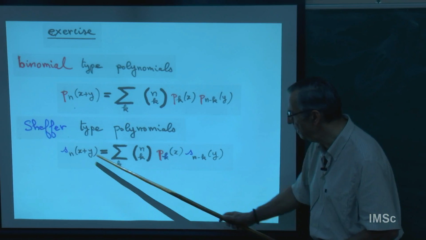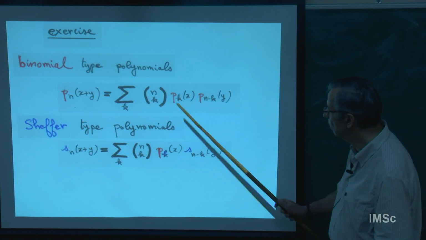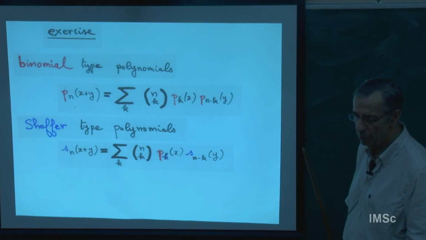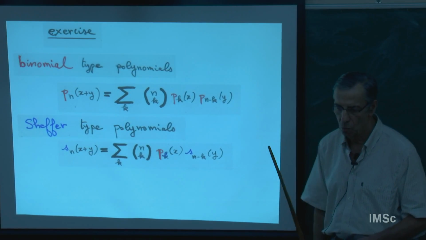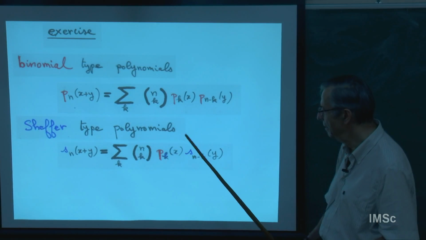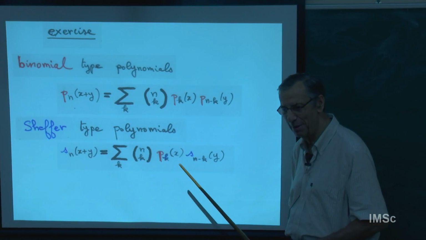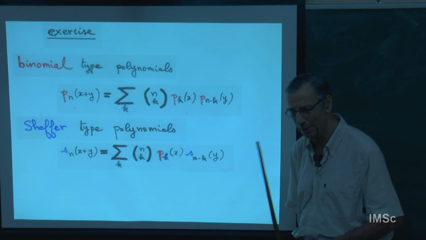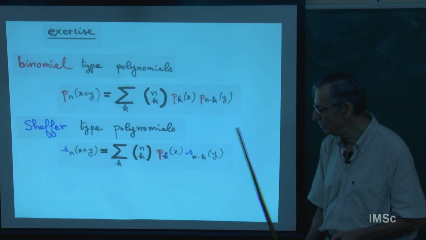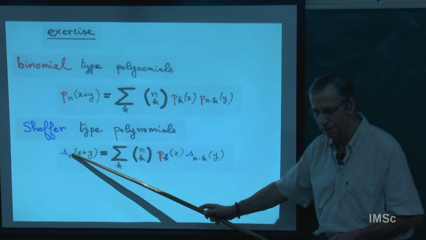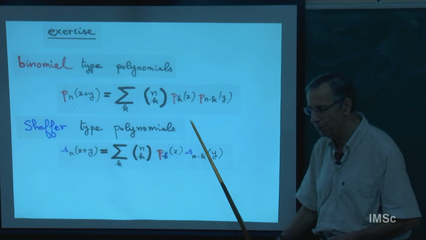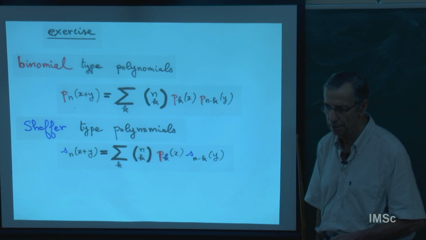For Sheffer polynomial you have this, but instead of P and P, here you have P and S. That means P is binomial type and S is... Yes, for Sheffer polynomial, there is always behind the Sheffer a binomial type polynomial, because there were two species, the F and the G. The blue species, the G, was behind this polynomial, but for each Sheffer, there is a second species, F. If you take only the F, you get the corresponding binomial type polynomial.